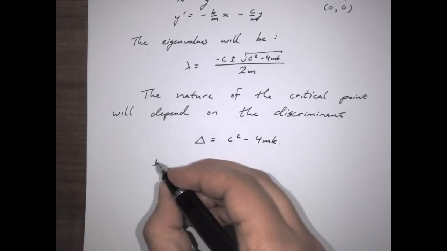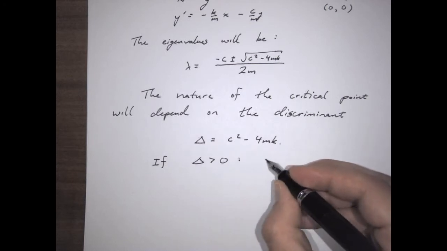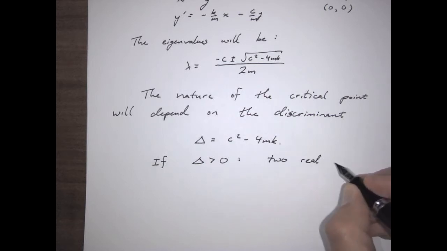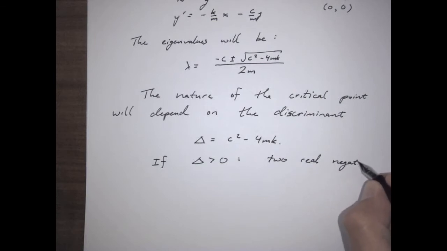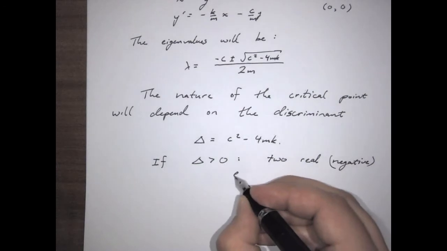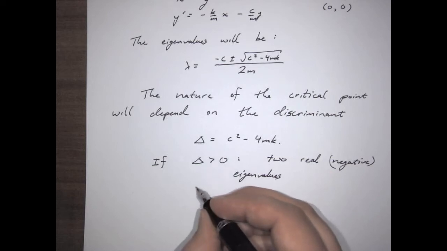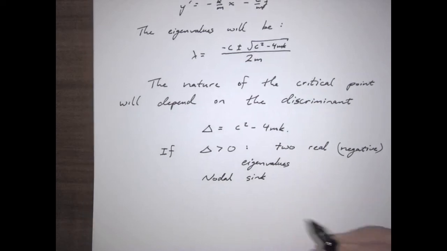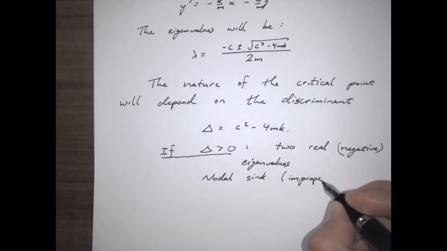So if the discriminant is positive, there will be two real and in fact negative eigenvalues, which will mean a nodal sink. It's going to be improper.